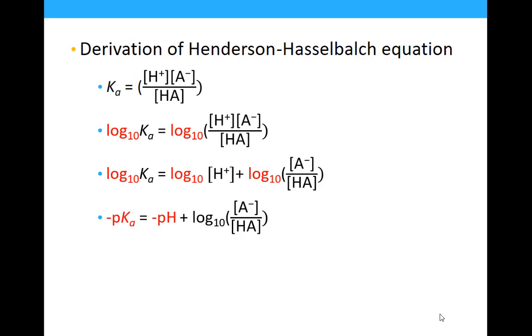It's an equation. Now, if I rearrange it, because this is minus pKa and this is minus pH, I swap them, and the formula becomes this. So, pH is equal to pKa plus log of, what is this? The conjugate base, and this is, what is this? HA.